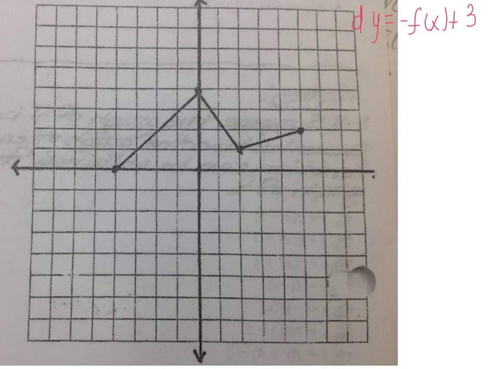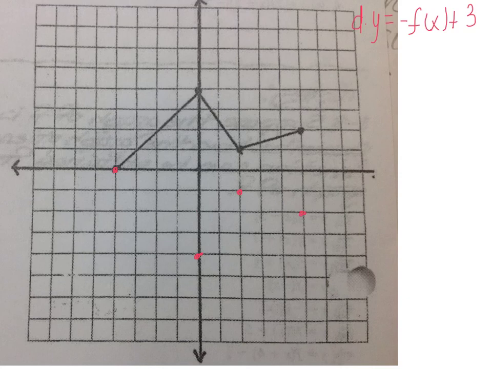So remember, this reflects over the x-axis, so all my y coordinates change. This one is on the y at 4. This one has to flip to negative 4. This one flips to negative 1, and this one flips to negative 2. So basically, your graph will be upside down.